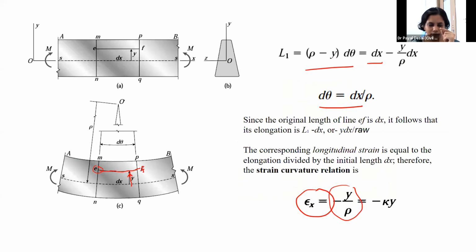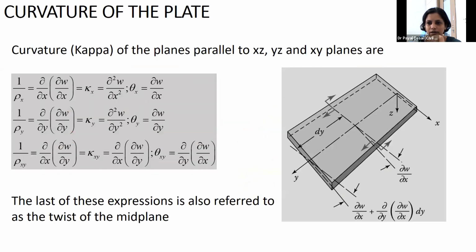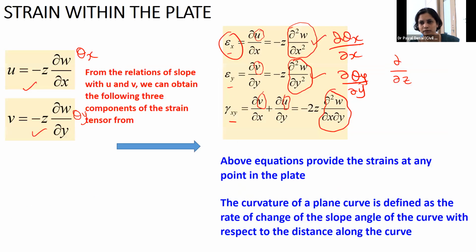That minus y, so it varies linearly with respect to the neutral axis, increasing or decreasing. So minus y divided by rho, where 1 by rho is your curvature, so the opposite of that. And then you may see here a similar observation, that is the strain curvature relation.